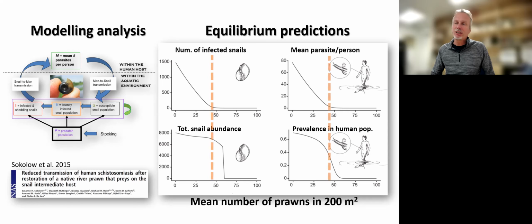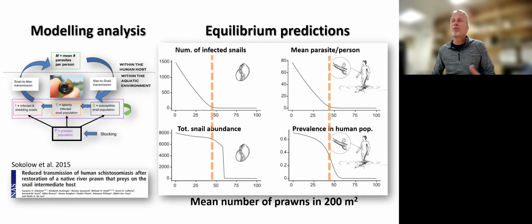And what we see is that there is a prawn abundance, so a density of the predator, that actually allows us to remove the infection entirely in the long run. The snail population is not wiped out, but it is reduced to a level where the life expectancy of the snails is too short to allow transmission any longer.